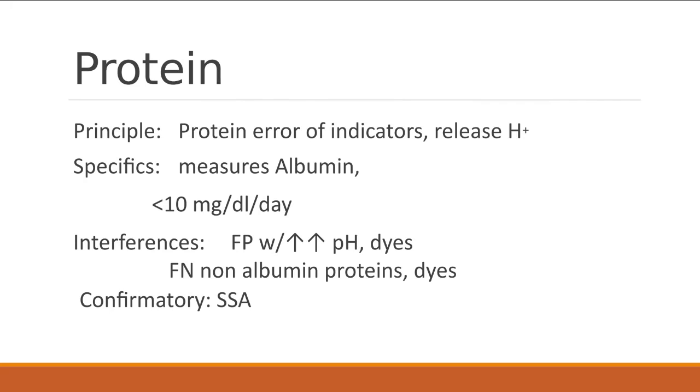We do them in lab, but mostly just as an example of how to do the confirmatory test, because a lot of them aren't used anymore in labs, because there are other things that they do in addition to a urinalysis that would show whether these things correspond with what's going on with the patient or not. So we don't use a lot of confirmatory tests anymore, but you do need to know what they are and what they were used for. So SSA is for protein to confirm, and that procedure is procedure 6-2.